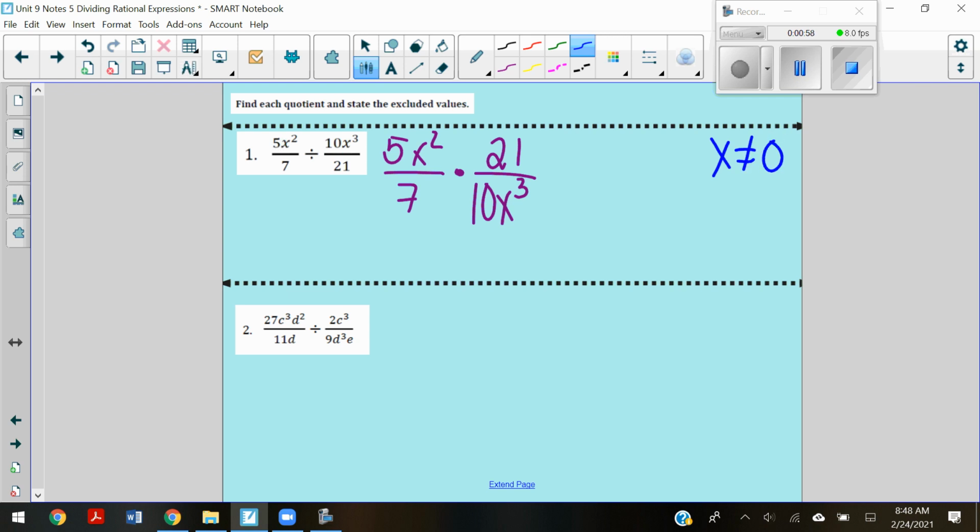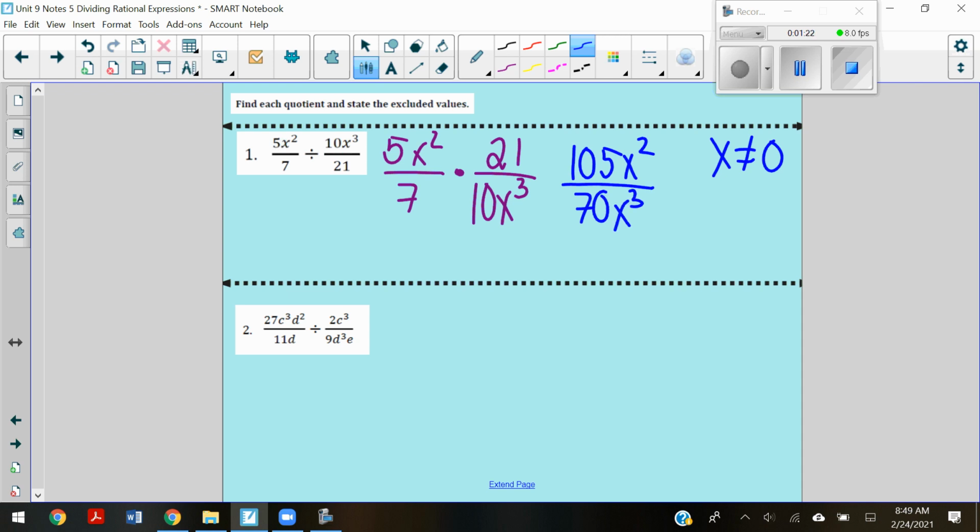So you have a couple ways here you can do it. We've talked about these in classes. You can multiply straight across and then simplify, or you can simplify first and then multiply anything you have left. So majority said they wanted to multiply first. So we get 105x squared over 70x cubed.